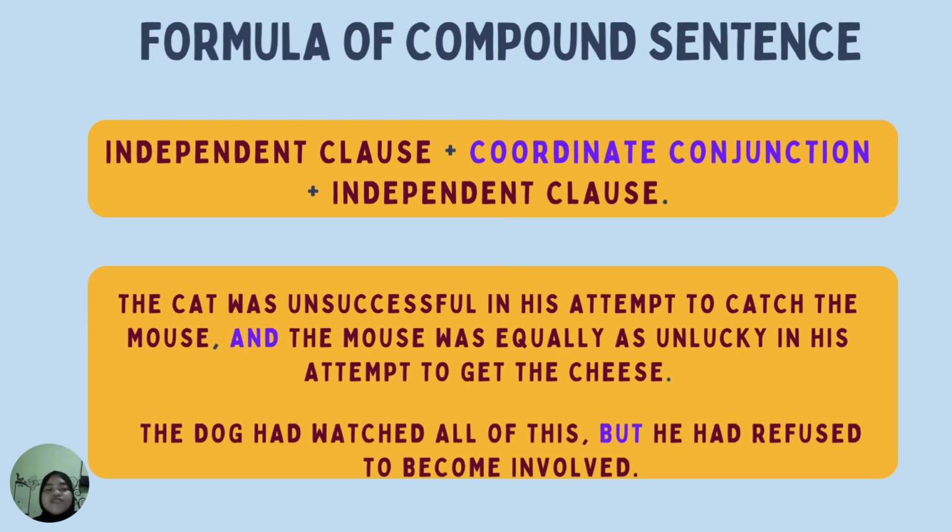The cat was unsuccessful in his attempt to catch the mouse, and the mouse was equally as unlucky as his attempt to get the cheese. Okay, so in these compound sentences, don't forget to put a comma before the coordinate conjunction.